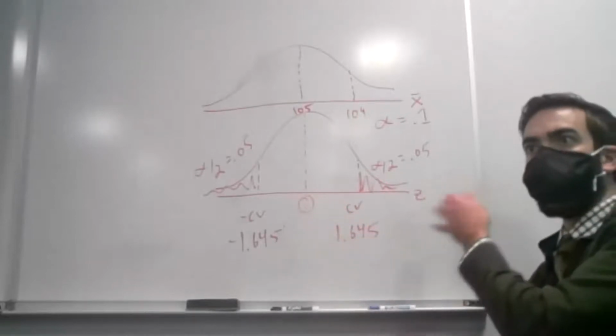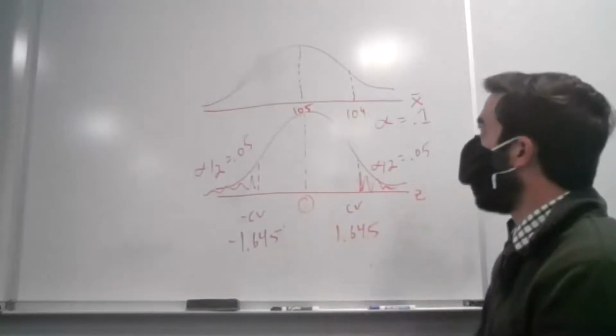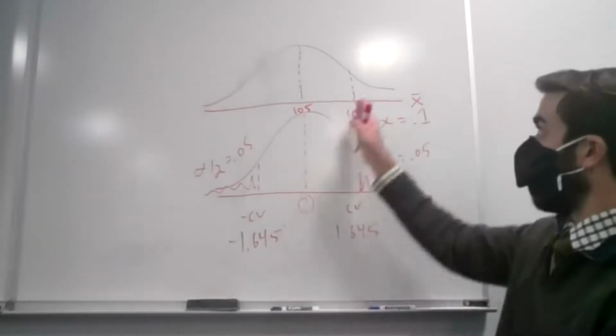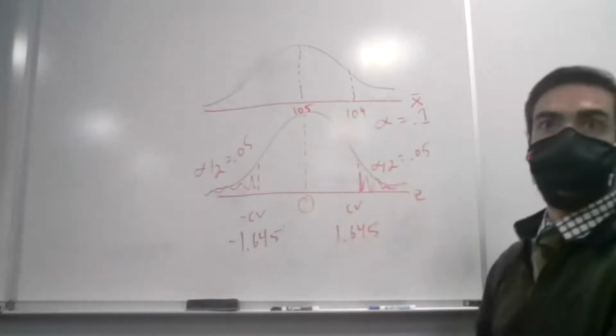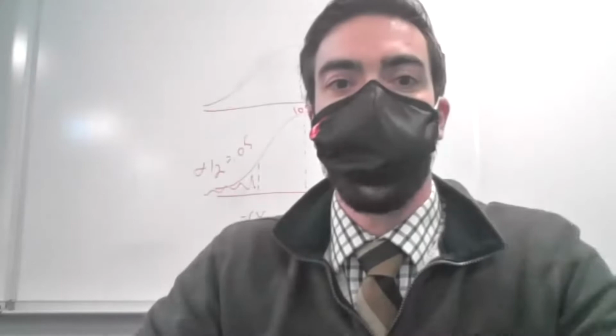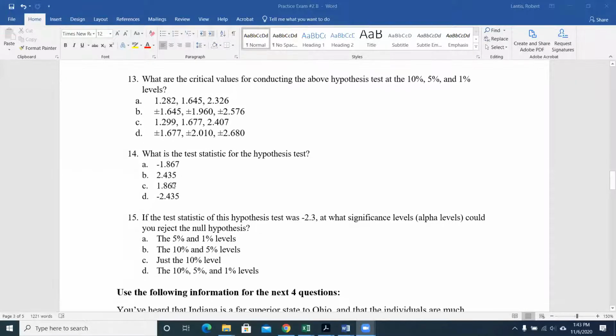Because our standard normal distribution is centered around 0. So my test statistic has to be positive, right? It's going to be something that's to the right of 0. So anytime I find something above the assumed true value, it's going to be a positive test statistic. So right away, I know it's either B or C. From there, it's just a matter of getting those values plugged into that test statistic equation and making sure we do our work correctly in our calculator.